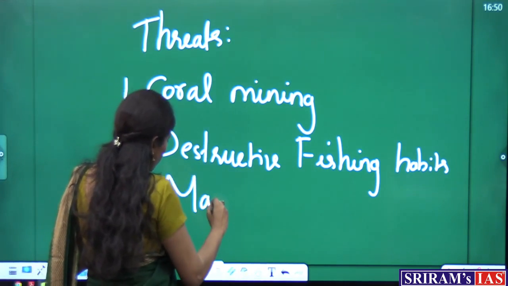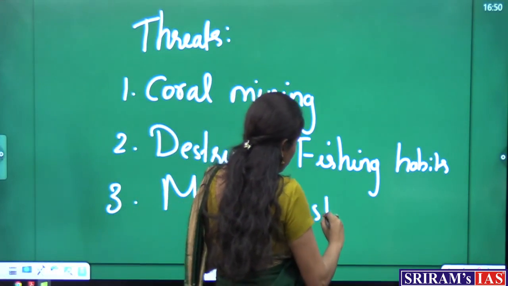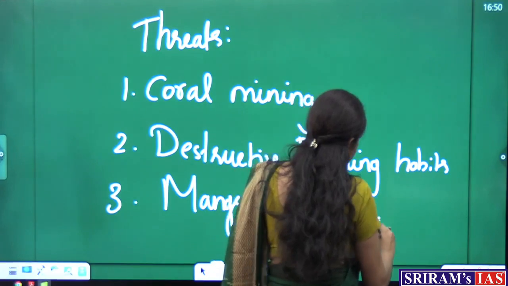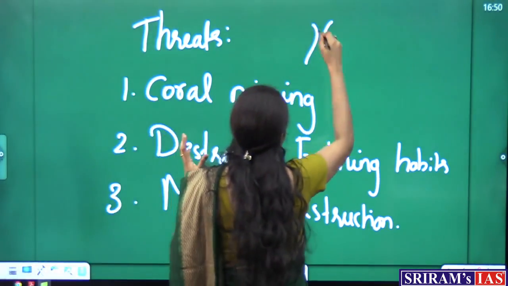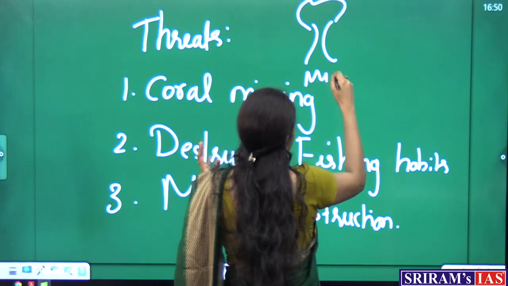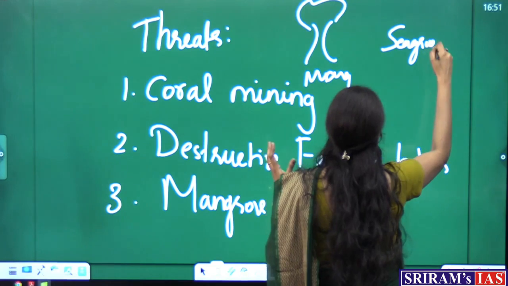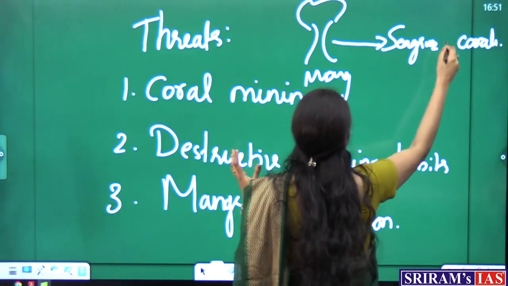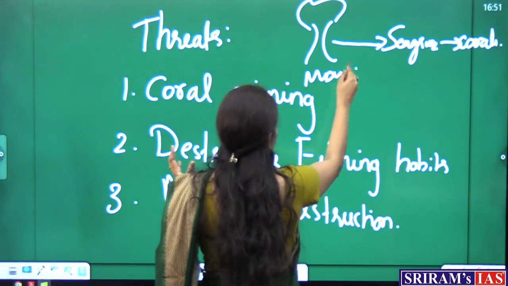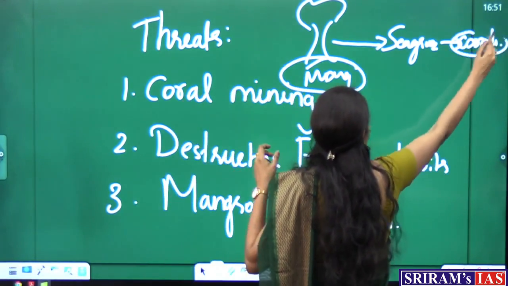mangrove destruction. Why is mangrove destruction also affecting coral? Because when you see like this, here I am drawing a tree, this is mangrove, this is seagrass, then corals are there. I already told you corals require clean water.